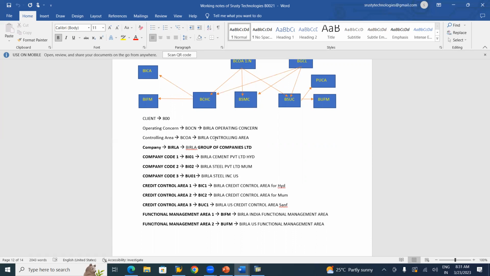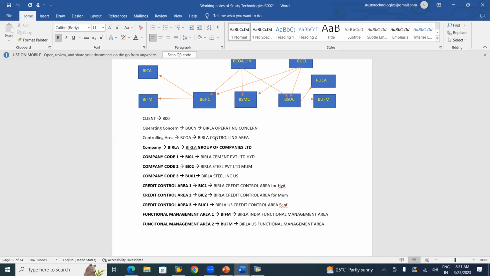Create your own structure accordingly. Hope you got my point. If you also create a Birla, then it won't accept. So whatever terminologies I am using here, whatever fiscal year variant, you just change the letters, that's it. Nothing else. Because we are using the same server. That is the problem. But in real time, we won't face that difficulty. Hope you understood.